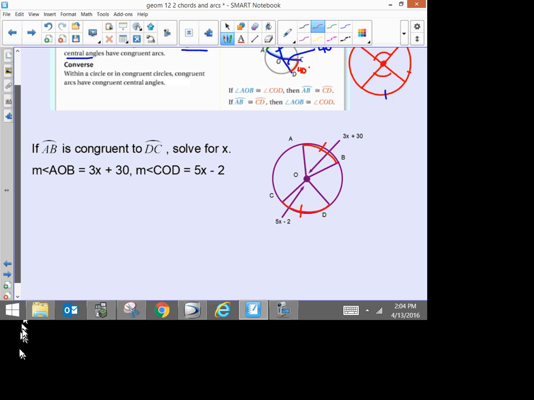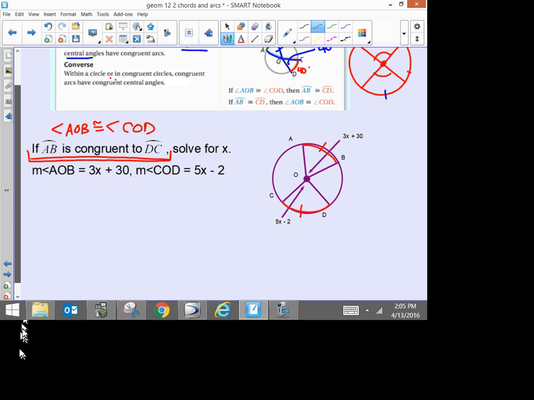If you look really closely, they don't even look like vertical angles. But what does this give me without even further venturing into the problem? What do those congruent arcs give me? Rachel? Which congruent angles? Good job. Angle B, angle C. So congruent arcs give me congruent central angles.